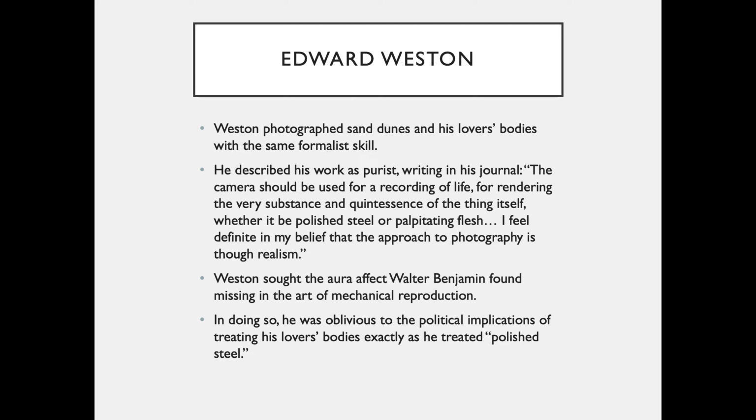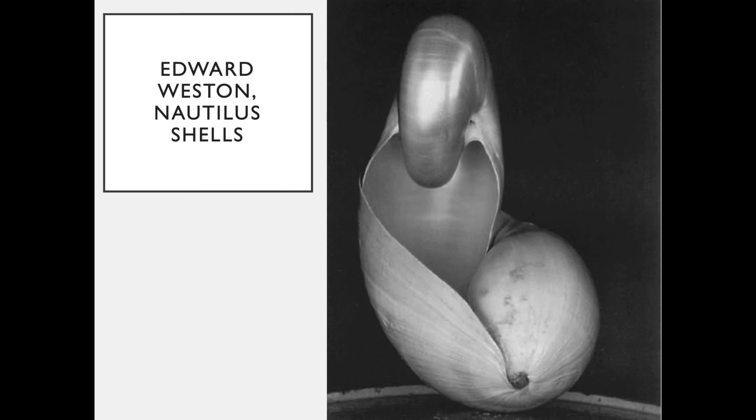But in doing so, he was oblivious to the political implications of treating his lovers' bodies exactly as he treated polished steel. In fact, some people say that his pictures of vegetables are more sensual than his pictures of his nudes, his lovers. All right, and here you can see this very romantic depiction of these two shells nestled in each other.